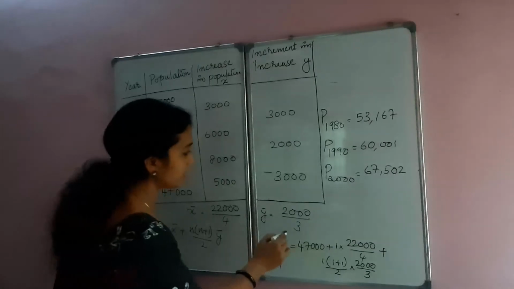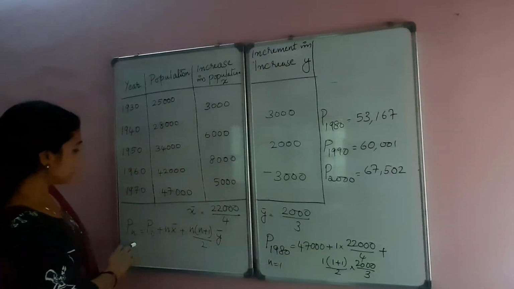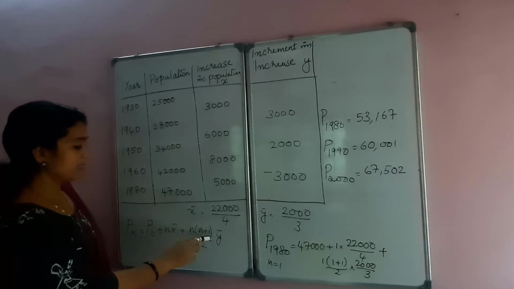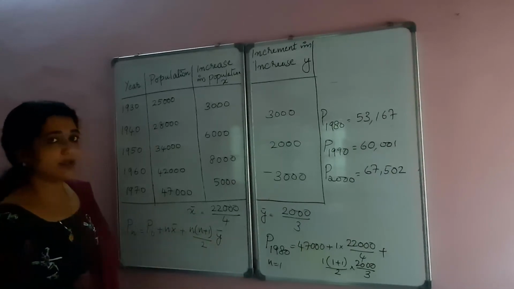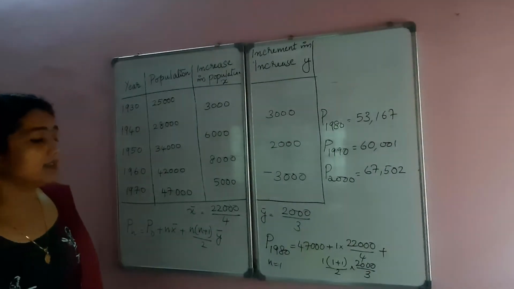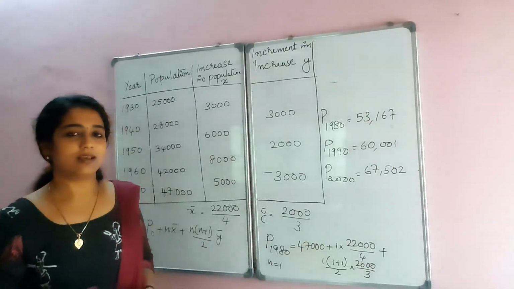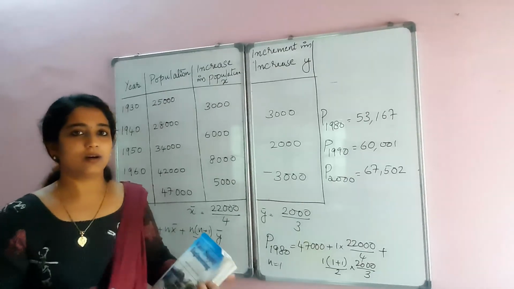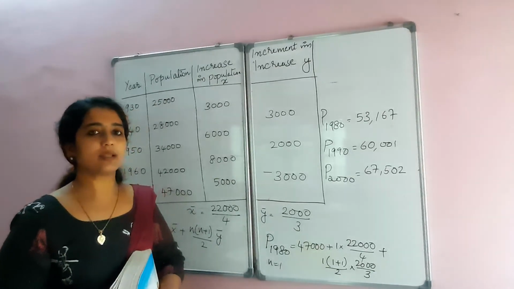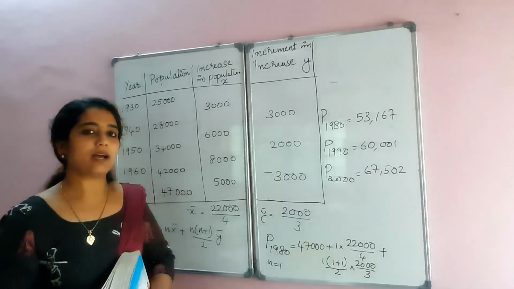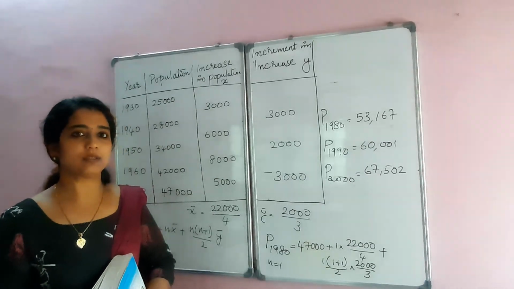By knowing the equation, Pn is equal to P0 plus n into X bar plus n into n plus 1 divided by 2 into Y bar, we can calculate the population in coming decades. Hope you understand the problem. Solve the next two examples, and if you have any doubts, you can contact me.